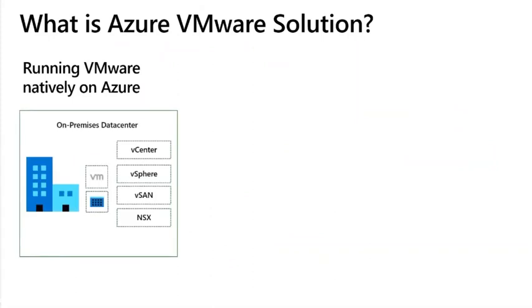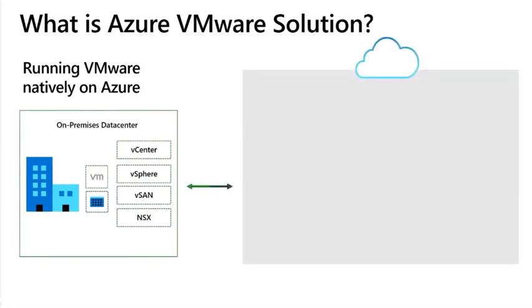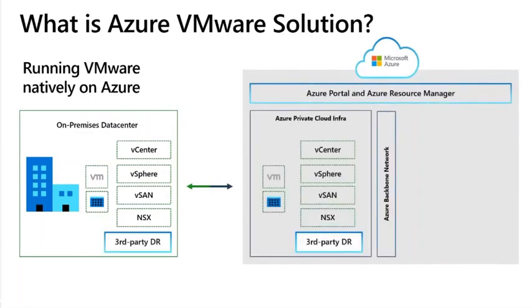So when you're looking at your on-prem environment where you've got your vCenter, your vSphere, vSAN, NSX, everything, it connects to a single tenant in Azure, and using the Azure Resource Manager, either through the portal or through Azure CLI or PowerShell, you can deploy in that private cloud infrastructure a mirrored or a similar environment running Azure VMware Solution.